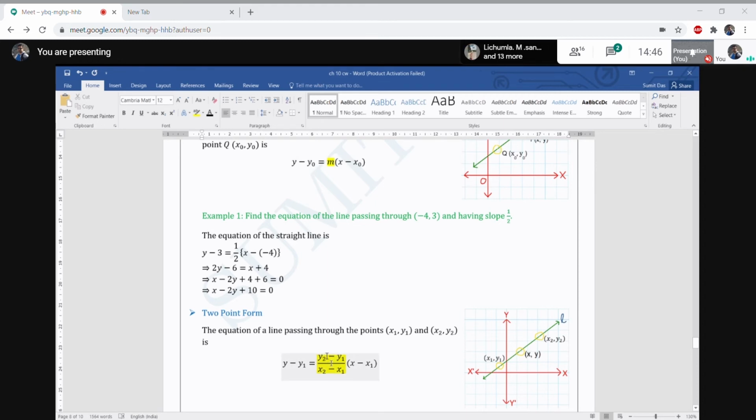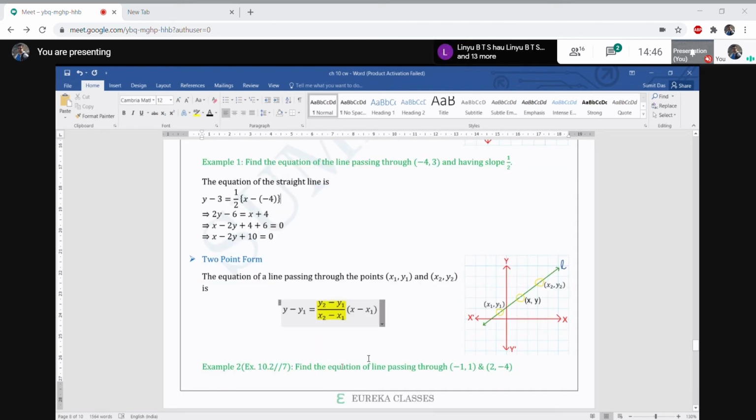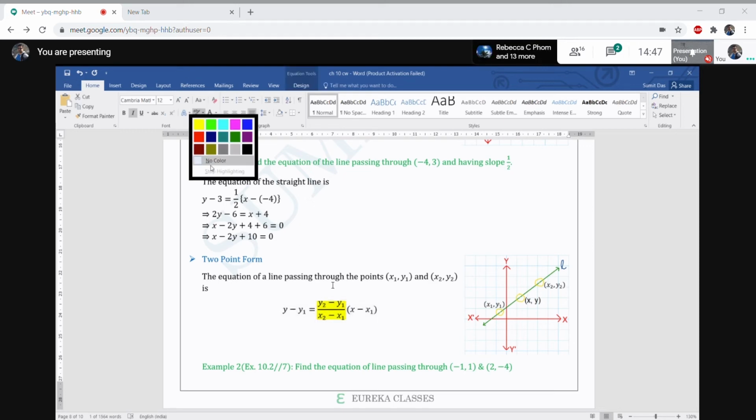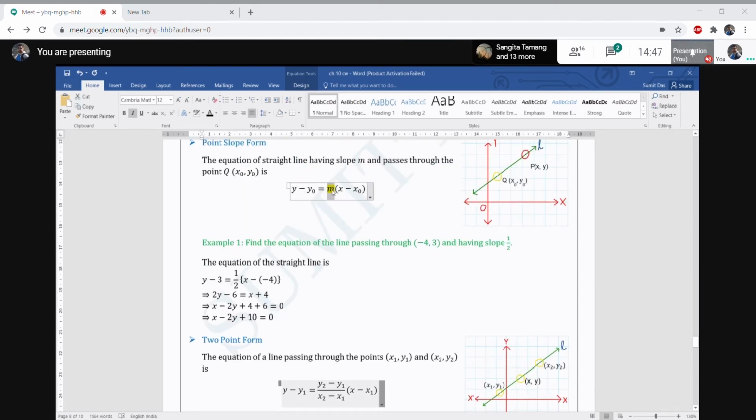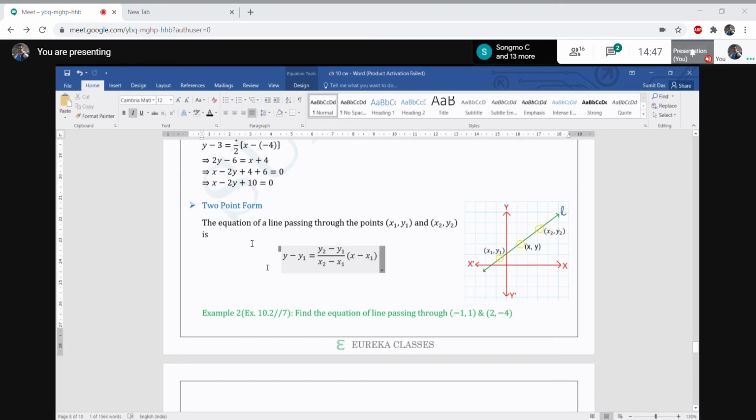So you can directly use this one, or otherwise, suppose this question is given, find the equation of the line passing through these points, you can find out the slope and use the previous form. Otherwise, this form is given so that you can use it directly. So two-point form and point slope form are actually the same.